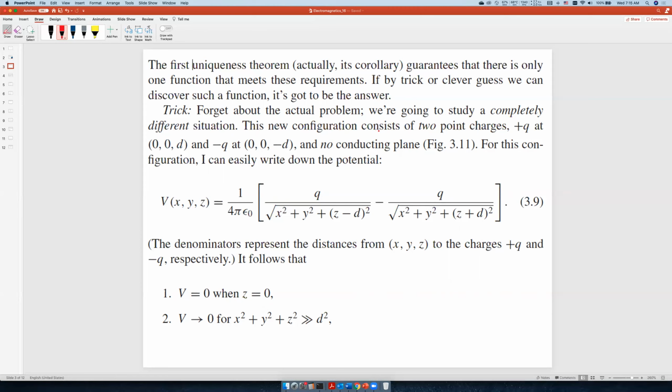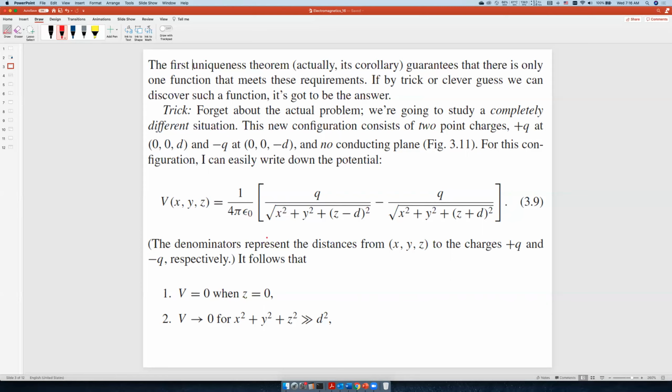This new configuration consists of two point charges, plus Q at d and negative Q at negative d, which is below the conductor plane, and no conducting plane. For this configuration, I can easily write down the potential.